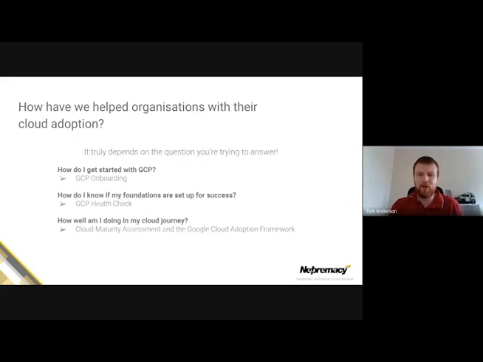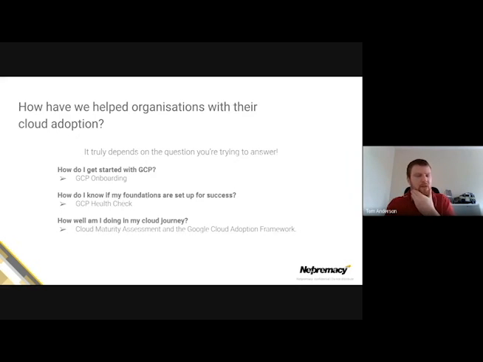And if you're an organization that's starting in the cloud or has looked at the cloud in the past and has a certain position, but doesn't quite know where you are on that cloud journey, the CMA is an absolutely brilliant tool to benchmark yourself and say, hey, here's where I am today, and it helps you put that structure around where you're trying to get to.